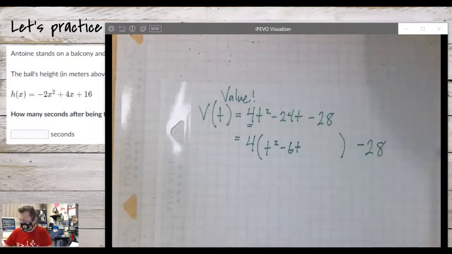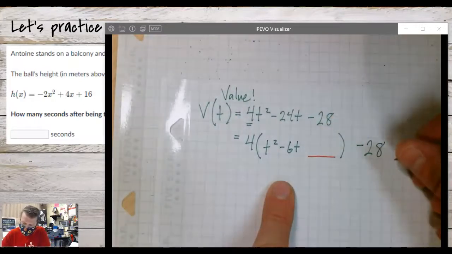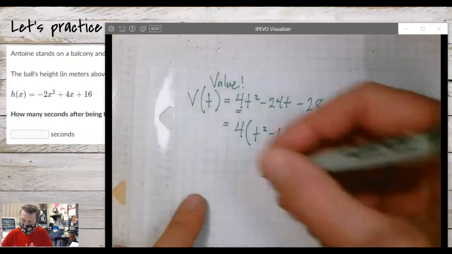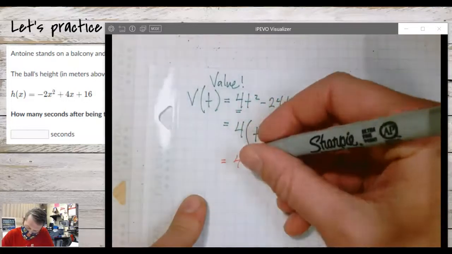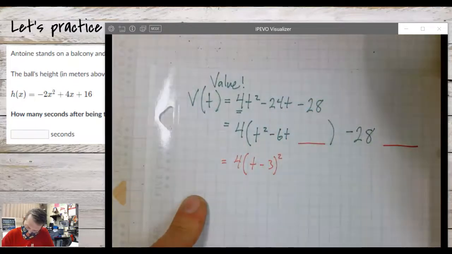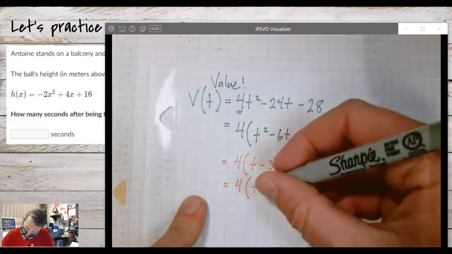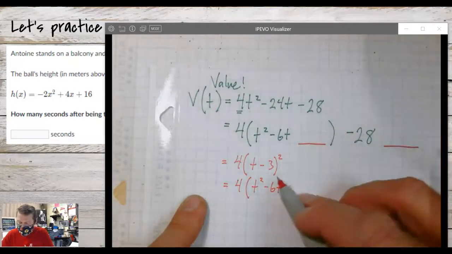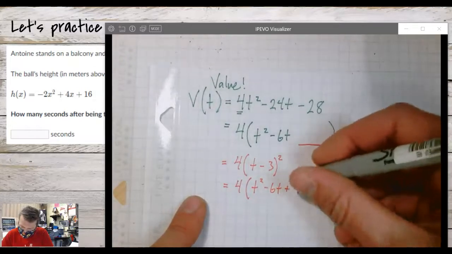And we're probably going to add or subtract something right here, which is also going to cause us to do the opposite out there. If this was t minus 3 squared, what would the constant be if this was our perfect square? 9.